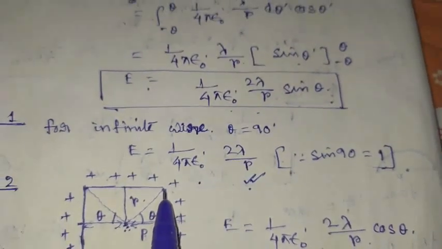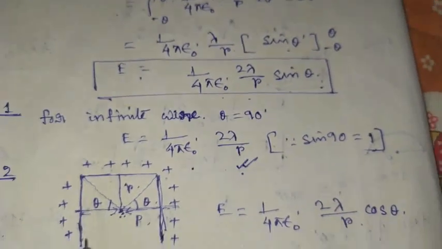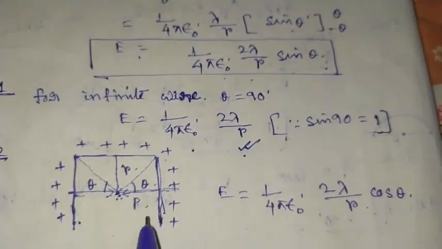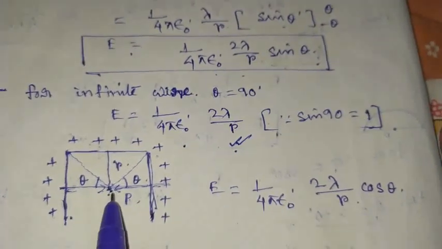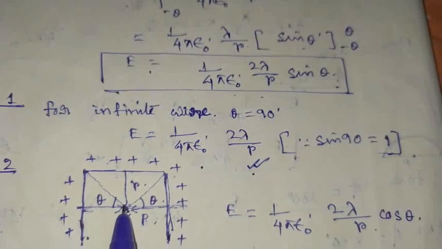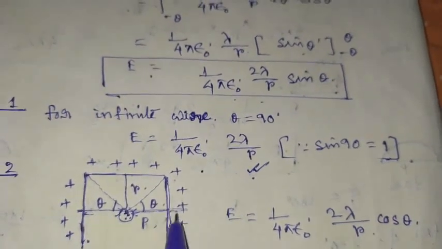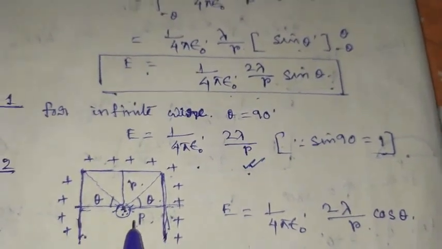So the electric field due to this wire and this wire is the same in magnitude and in equally opposite direction. So at point P, these two wires cancel each other.